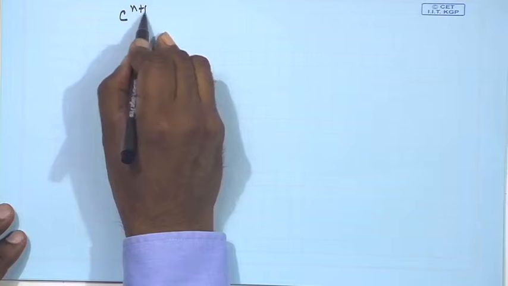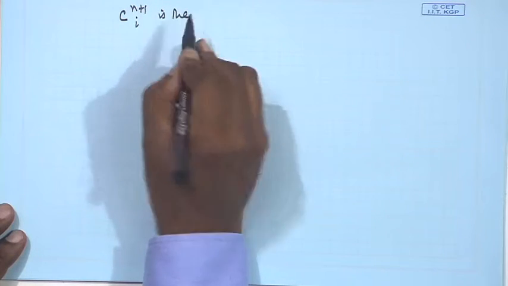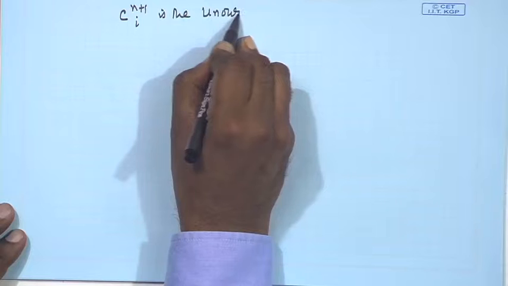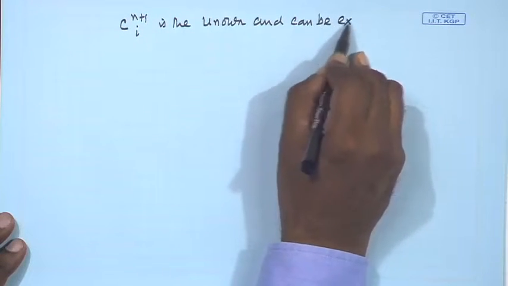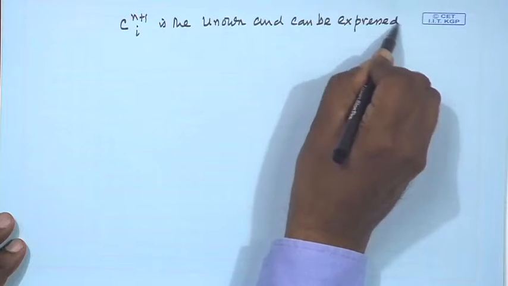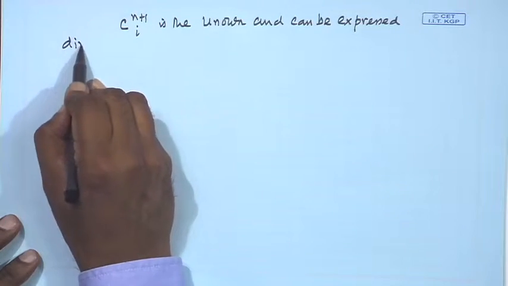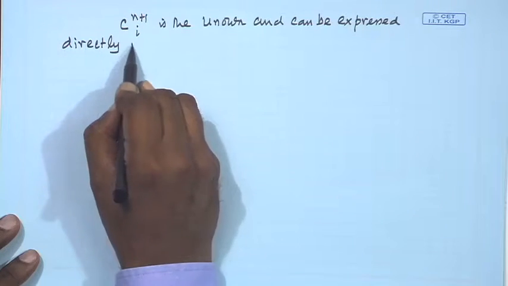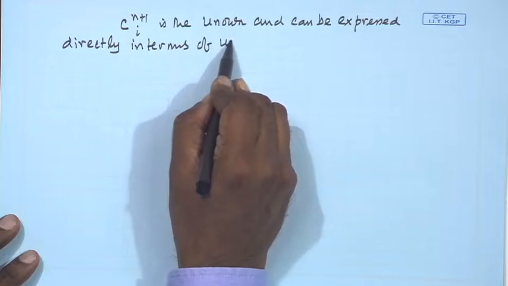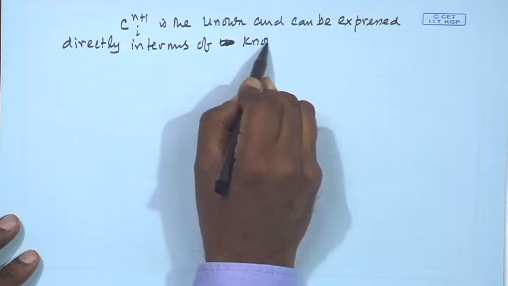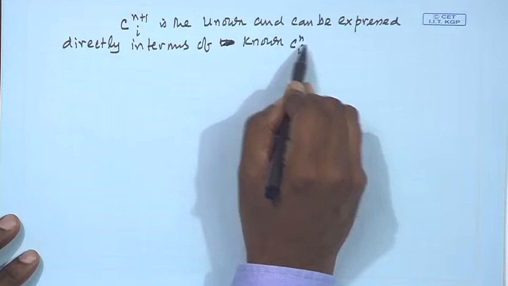So from here we can write the unknown directly in terms of known Cn i's.